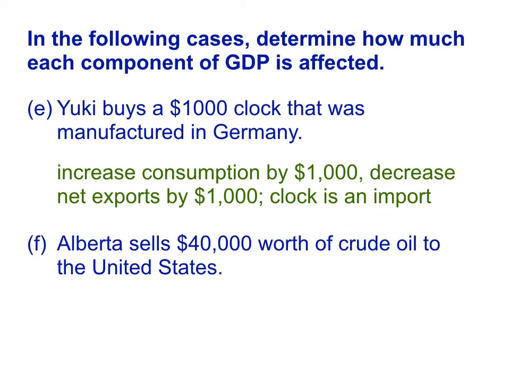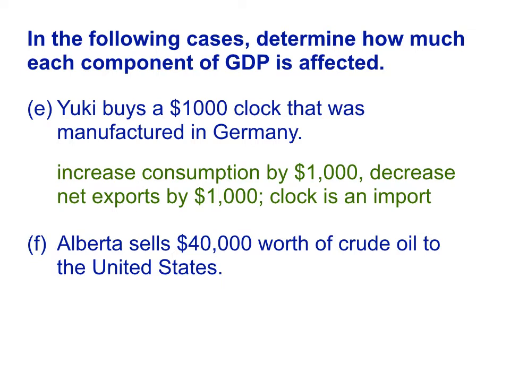But because this is an imported good, net exports decreases by $1,000. So $1,000 increase in consumption, $1,000 decrease in net exports. This is how we get to a Canadian GDP of $0 change.